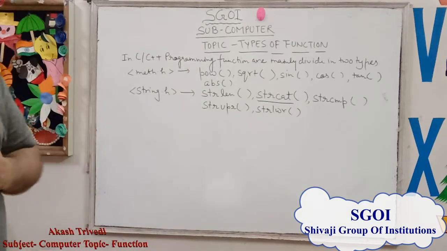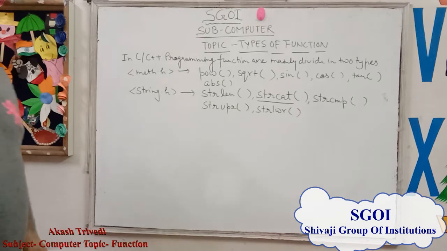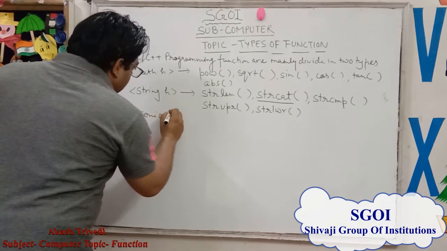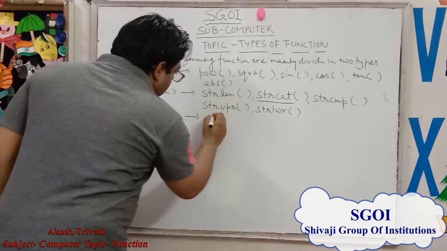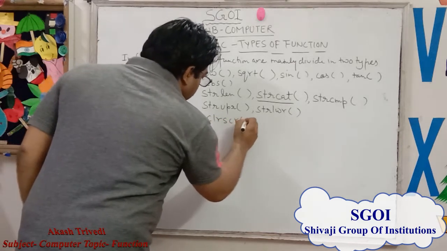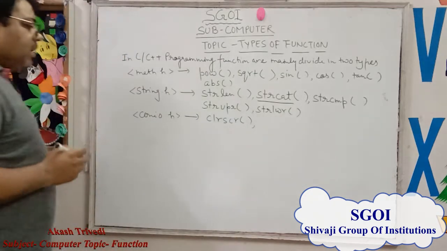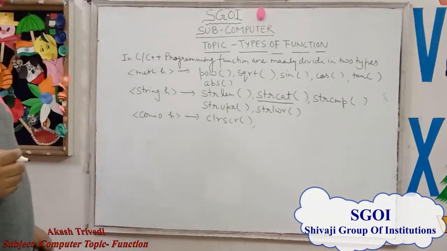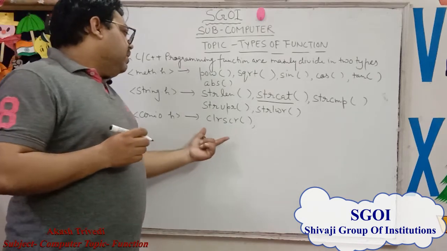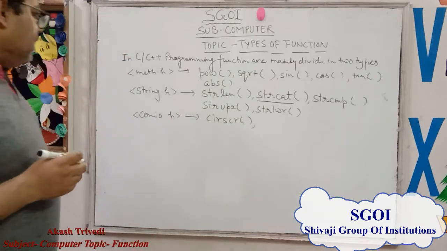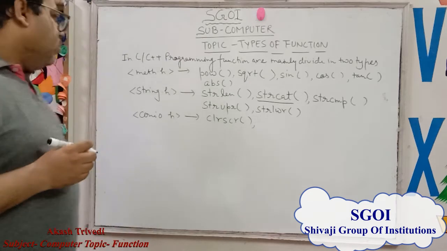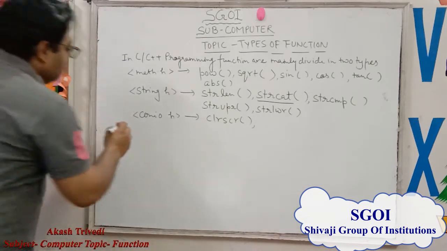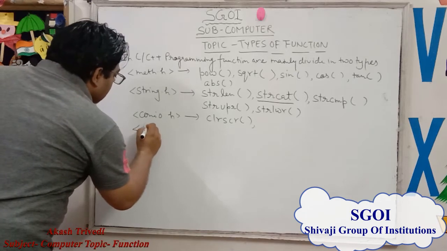The next header file is conio.h, where we store the clrscr function, which clears the output screen. If any program is run and there is an output, then clrscr clears the output screen. The next header file is iostream.h.